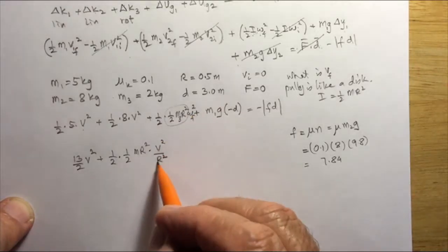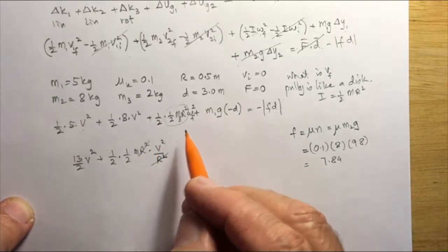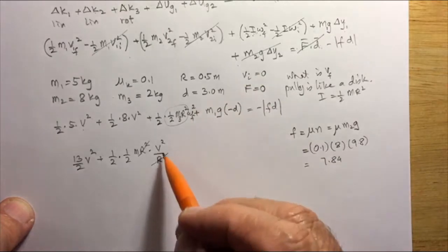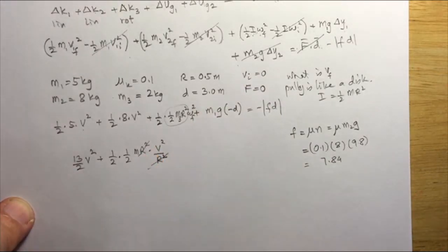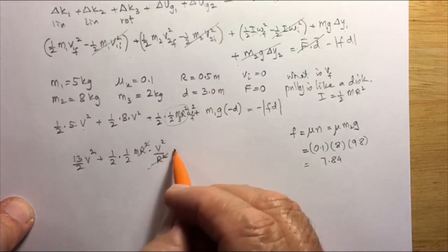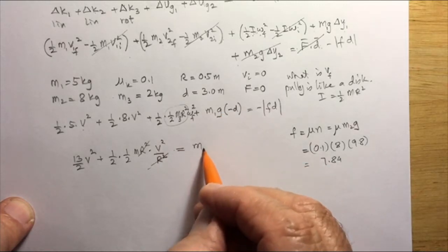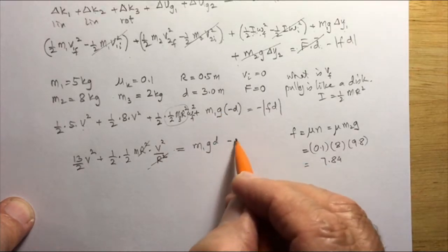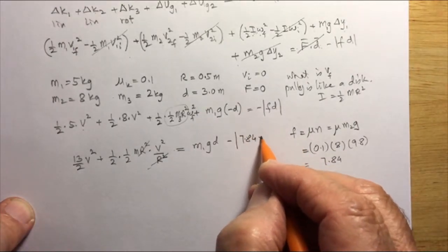This omega becomes v over r. And the r square will cancel with this. And almost always in all these problems, you can cancel. Probably in every problem, it can be cancelled out. So that becomes the omega square. And this becomes equal, we take this on the other side, m1 g d minus f d. So it's 7.84 times 3.